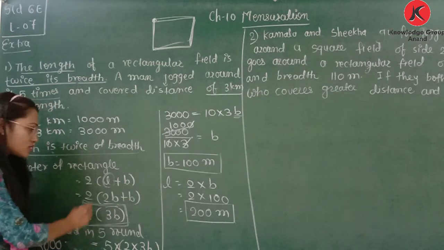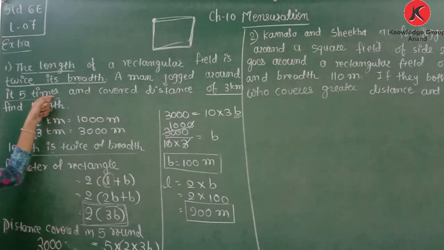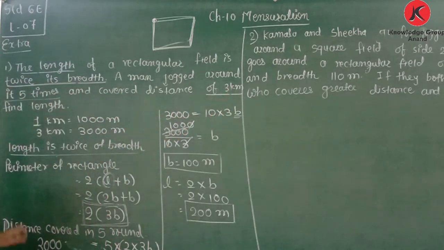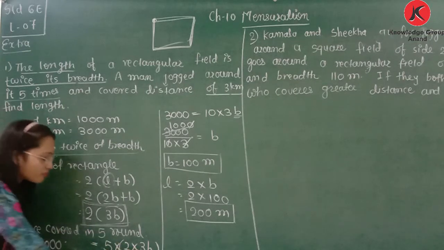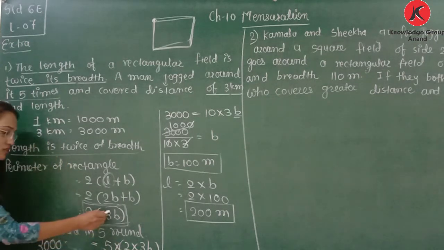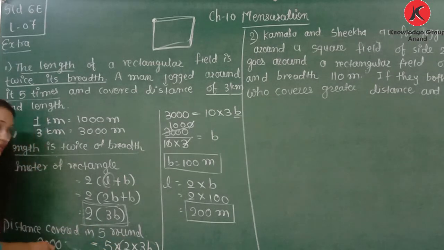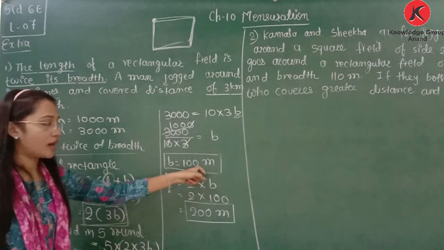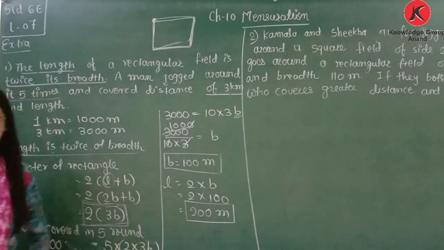The 2 is there because it is a multiplication in the equation. But the man takes 5 rounds, so the distance covered in 5 rounds is equal to 5 multiplied by the distance covered in 1 round. This answer is already given, that is 3000 meters. If we solve this equation, we will get b. The breadth is 100 meters, and the length is twice the breadth, that is 200 meters.